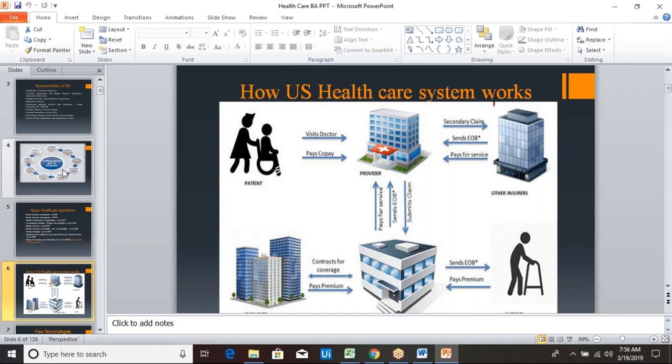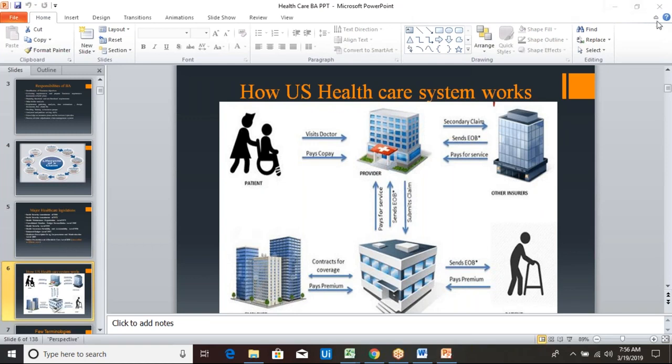Usually we call it 45 days, but in practice this is extended to 90 days. Clear, Bhavna? Nisha? Yes. Following? So 90 days will be taken for insurance claims.